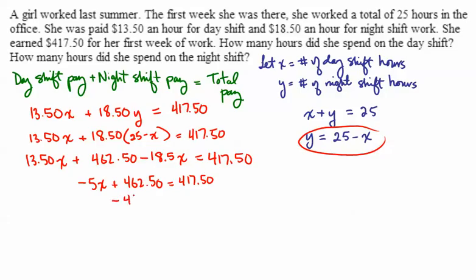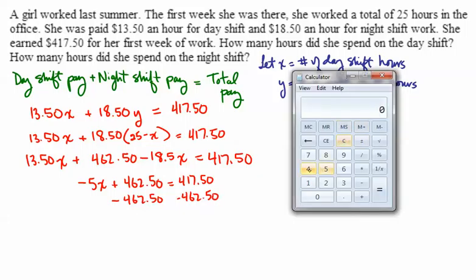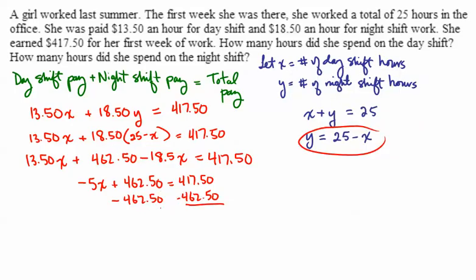If I subtract 462.50 from both sides, using my calculator, 417.50 minus 462.50 equals negative 45. So I have negative 5x equals negative 45. Dividing both sides by negative 5, I end up with x is equal to positive 9.